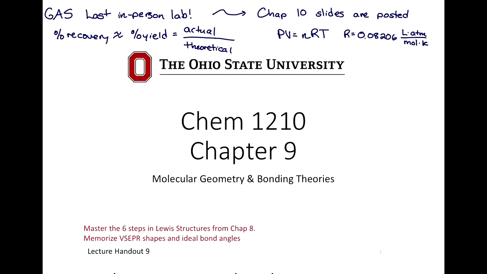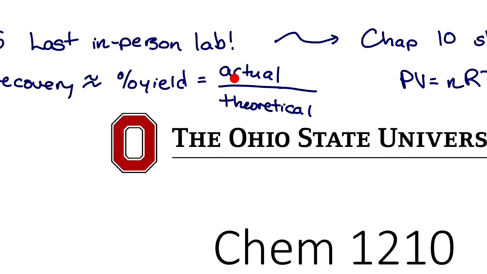All right, percent recovery is essentially percent yield, where we learned that percent yield is your actual yield over your theoretical. That theoretical yield comes from stoichiometry, right? You know how much stuff you react, all of it makes products, you can calculate how much gas you make. That goes in the denominator, but then you go to actually do the experiment, but you only collect a little bit less than that.